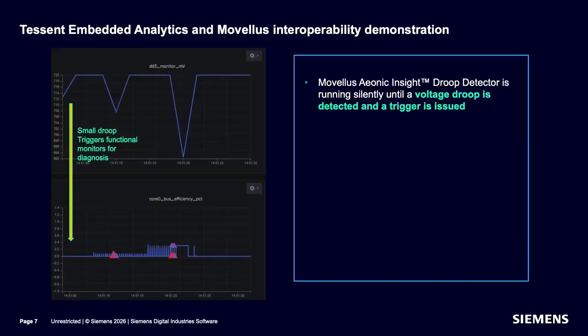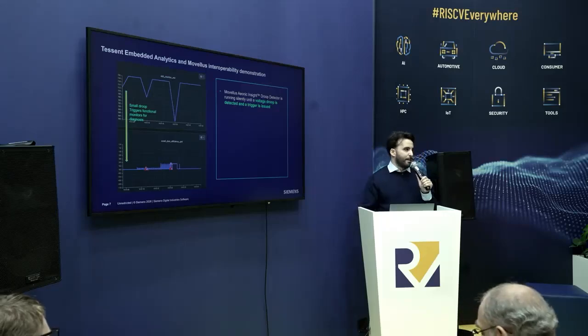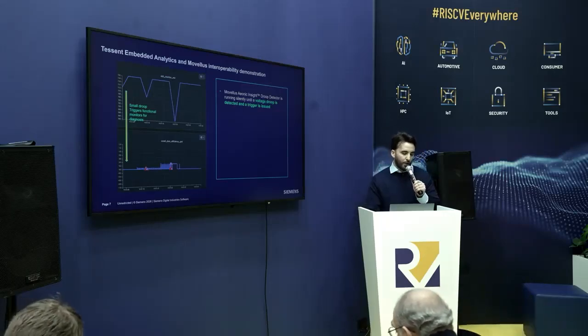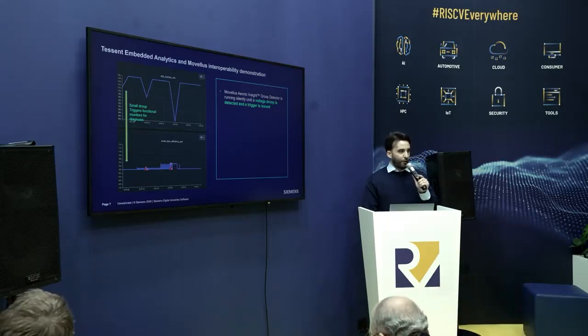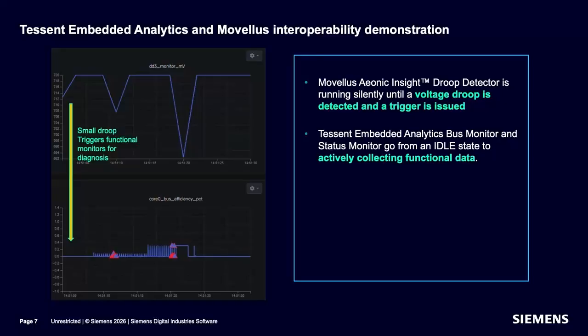So in this example, we can see that the first droop actually enabled our functional monitors. And we started getting real-time metrics from the bus and the workload. In this case, we're considering access to memory when we're talking about workload. And so further along in this situation, we can see that the bus monitors went from idle, where they were waiting for this specific event, to now working.